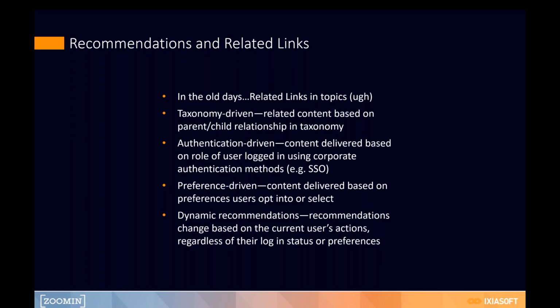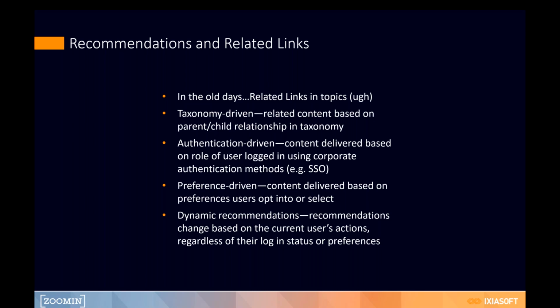So when we look at a taxonomy-driven list of related links, in essence, what it's doing is looking at the taxonomy and saying this topic is XYZ, and all of the children of that particular topic XYZ are going to show up as related content, and they'll just show up in a separate location. And of course, this would be dynamic. So if the taxonomy changes or the content that's connected to the taxonomy changes, it automatically changes. So there's no maintaining it.